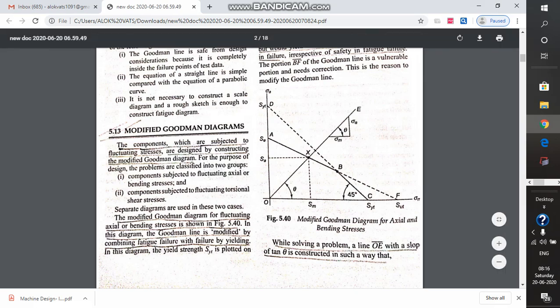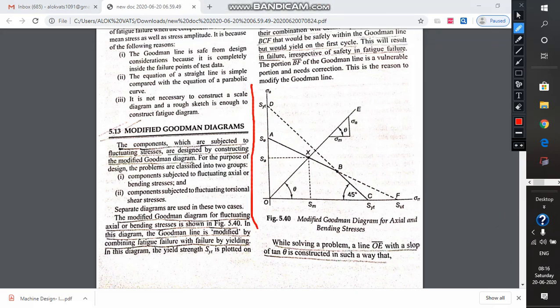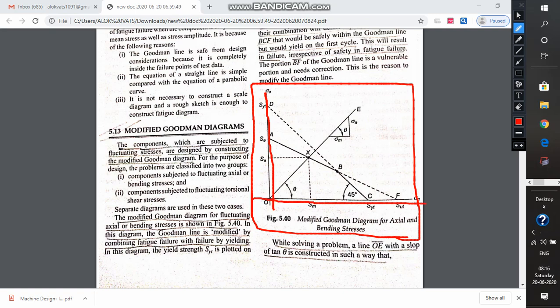Please note that from this diagram, figure 5.40, it will be clear that this is the y-axis representing sigma a, and this is the x-axis representing sigma m. Now sigma m was the mean stress, we already discussed, and sigma a was the alternating stress.